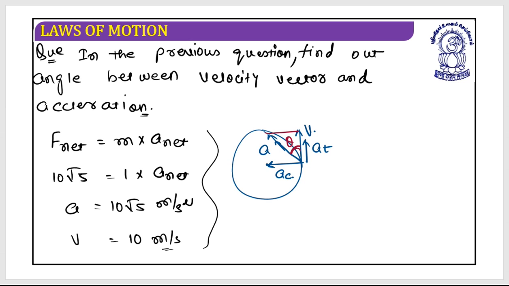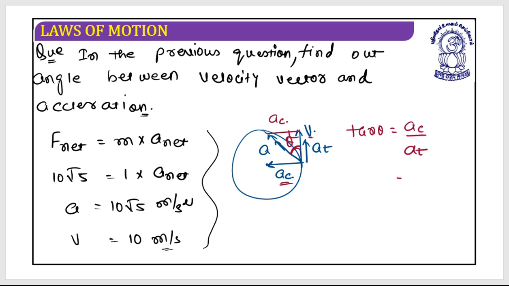If I make a triangle, this would be the 90 degree. So I can have tan theta equal to A_C by A_T, because A_T and v are both in the same direction.